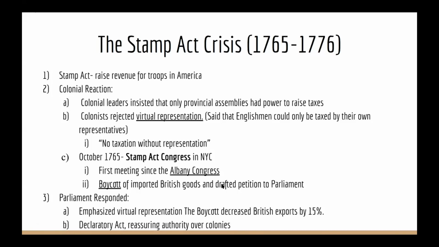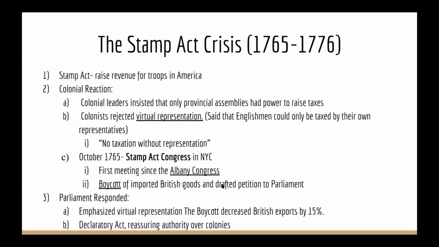Because of this, they rescinded the Stamp Act, and they passed the Declaratory Act, which meant they reasserted their authority over the colonies. Basically, they placed some restrictions on the colonists, making rules saying that you can't really boycott goods.